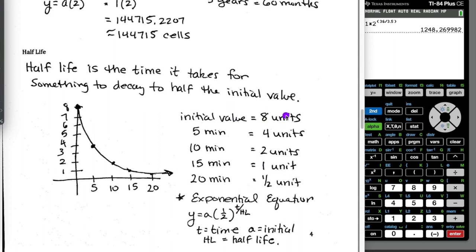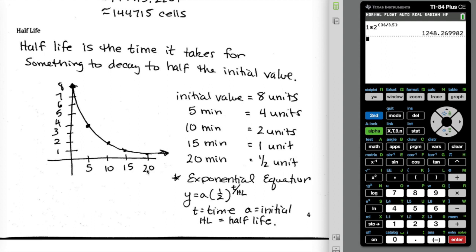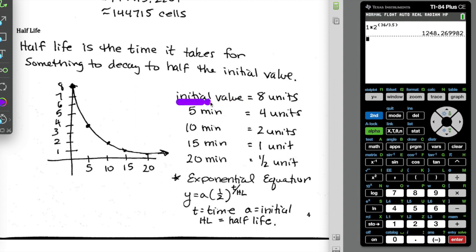So let's walk through that. I have 5, 10, 15, 20 minutes on my x-axis, and then I scaled it by 1s on the y-axis. And our initial value, I had it set at 8 units. Whatever it is that we're talking about, it crosses the y-axis here at 8.